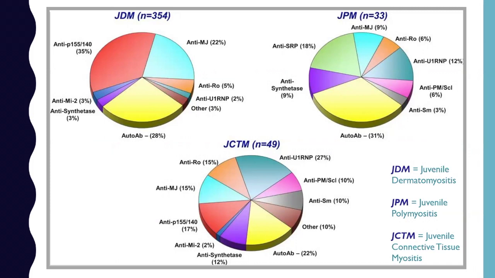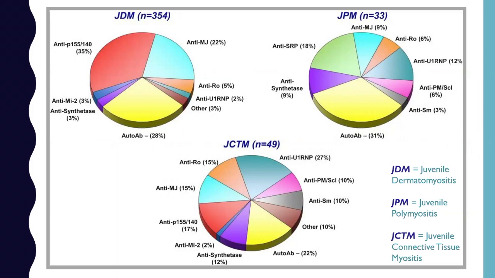So breaking it down by kind of what disease group. So we have three different groups here. We have kids with dermatomyositis or JDM. These are kids that have the typical muscle weakness along with the typical rash that is seen in JDM. And you can see here the most common autoantibody is anti-P155-140 in this group.